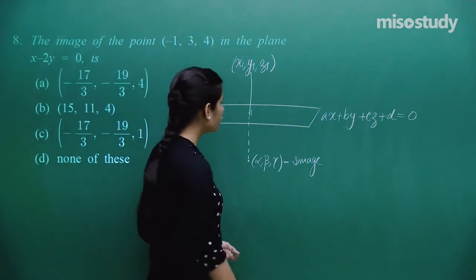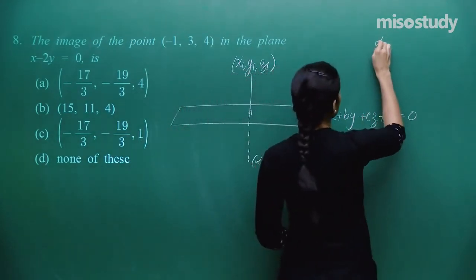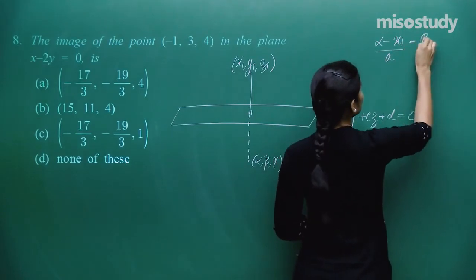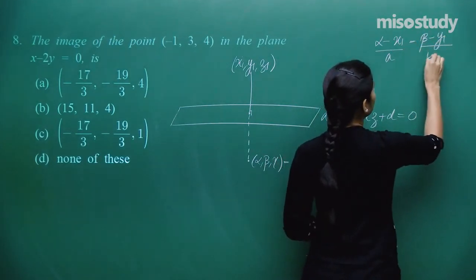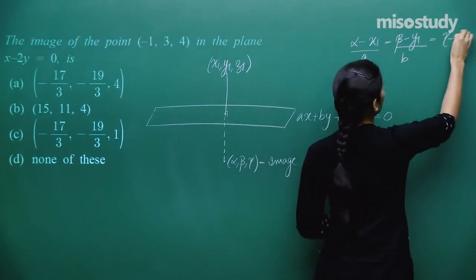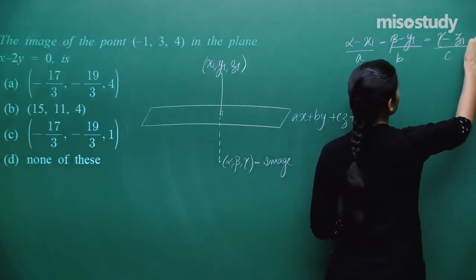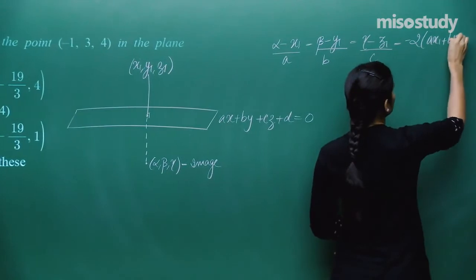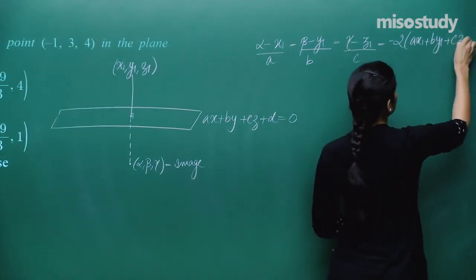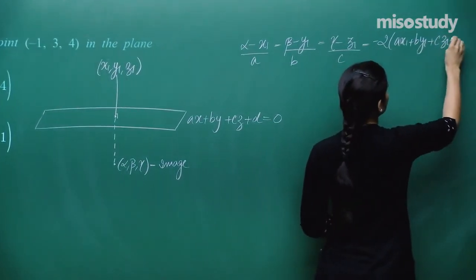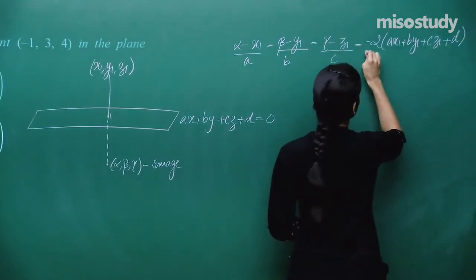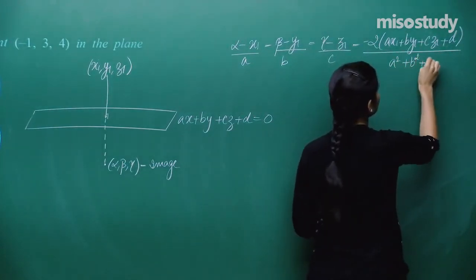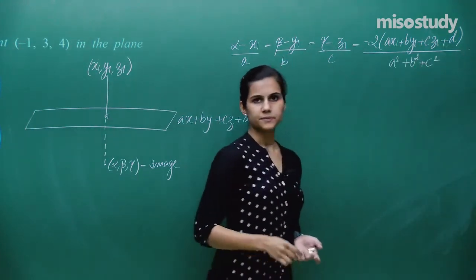How do you get the image? It satisfies alpha minus x1 upon a equals beta minus y1 upon b equals gamma minus z1 upon c equals minus 2 times ax1 plus by1 plus cz1 plus d whole upon a square plus b square plus c square.